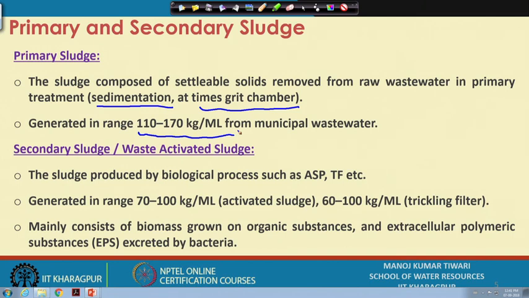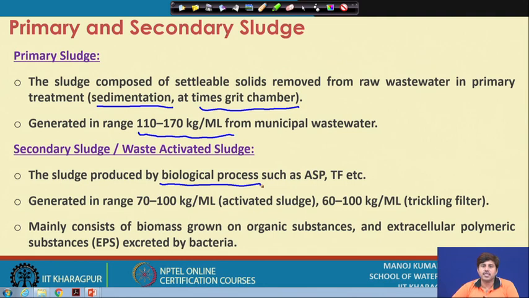And then we have the secondary sludge, which is produced from the biological processes and mostly from the aerobic biological processes, because in anaerobic biological processes sludge production is very low, and the daily sludge generation is almost very little.